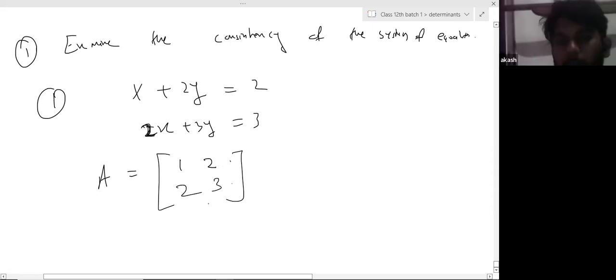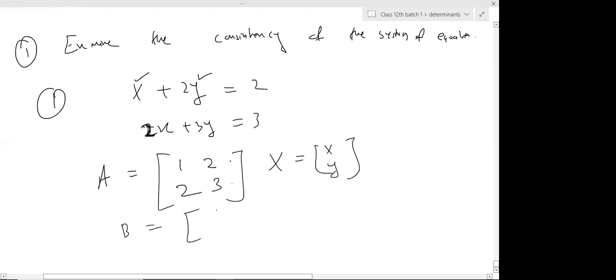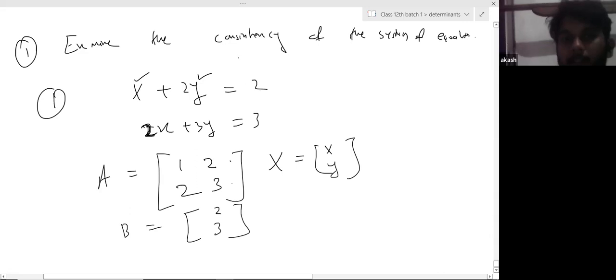Don't try to put 0, 0 because we have only 2 variables here, so it will be a 2 by 2 matrix. And X will be x, y. And finally B will be 2, 3.